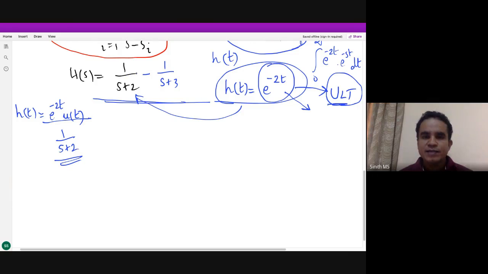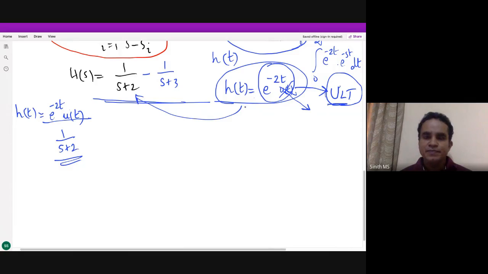Can you understand what I'm telling? If you are taking the unilateral Laplace transform, it is as if you are assuming that you have a u(t) here, even though it is not there, because unilateral Laplace transform means you are taking the integral from 0 to infinity.